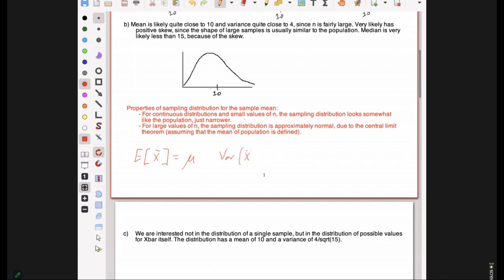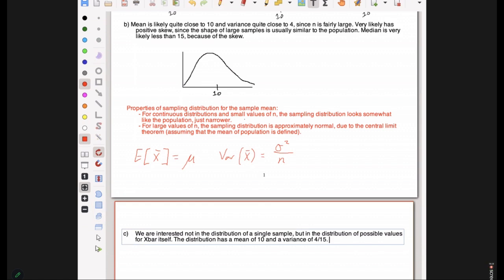And the variance of x bar is going to be the population variance divided by n. Oh, sorry, so this should not have been square root 15. If we're looking at standard deviation, we have a square root, but for the variance, it's just sigma squared divided by n. And so that's why I say what I said here.